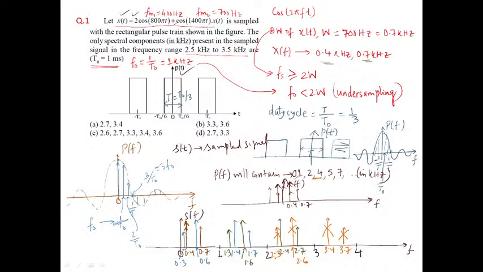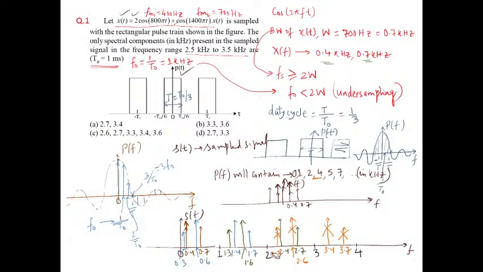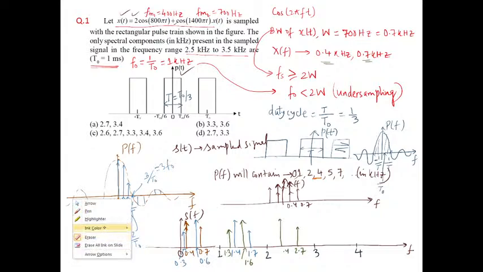So we are not going to get frequency components 2.3, 2.6, 3.4 and 3.7, and this is the major mistake which is committed by most of the students. So we are not going to get these frequency components. Why? Because 3 kilohertz is not present in the sampling signal.